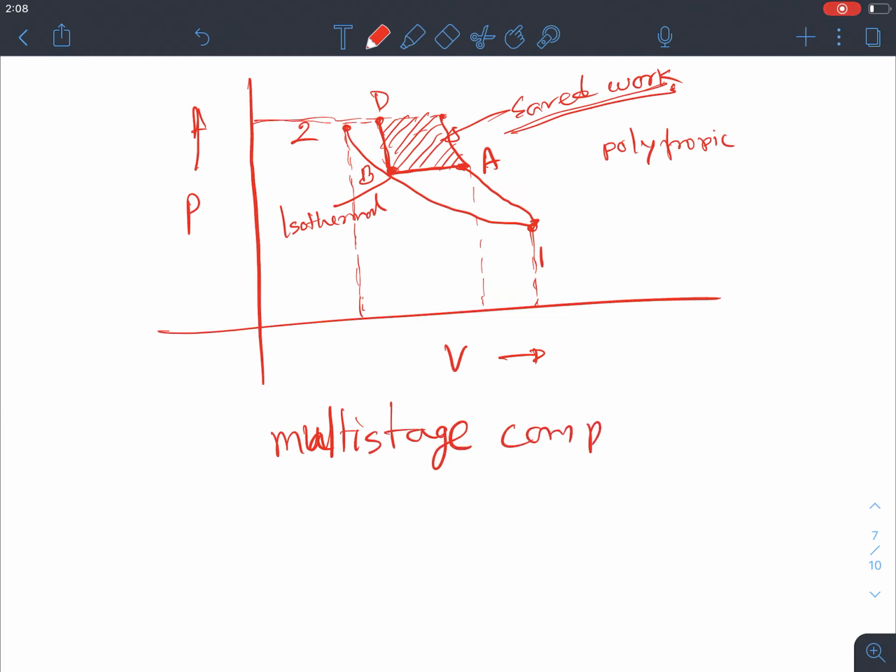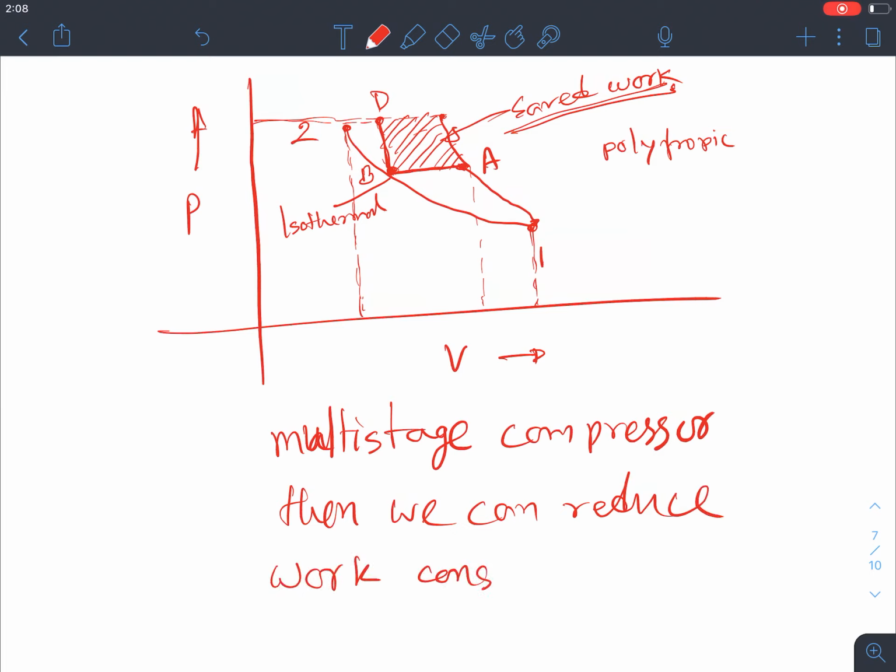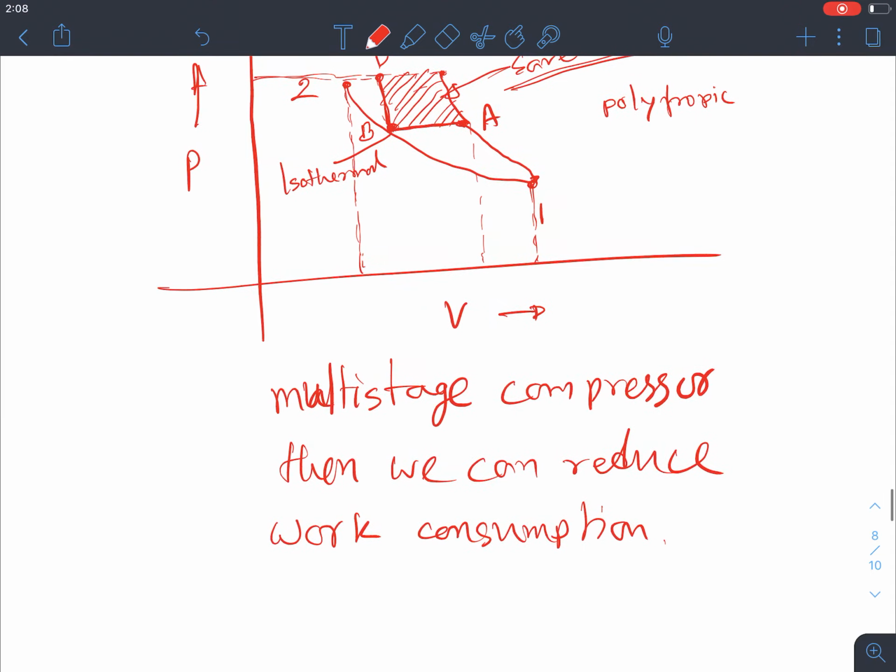So that means if we have a multi-stage compressor, right, then we can reduce the work consumption.